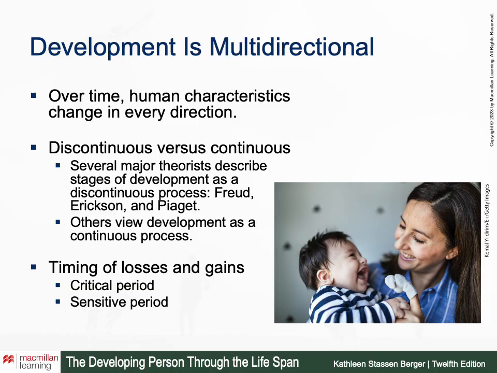So an example of that would be the critical period for humans to grow arms and legs, hands and feet, fingers and toes is between 28 and 54 days after conception. That has to happen then. After day 54, that critical period is over.